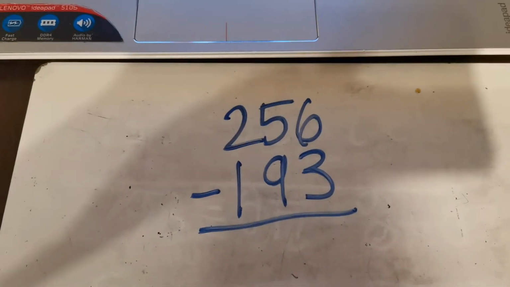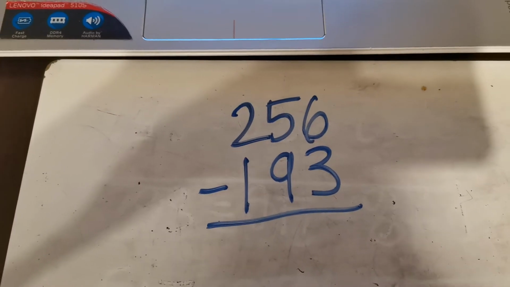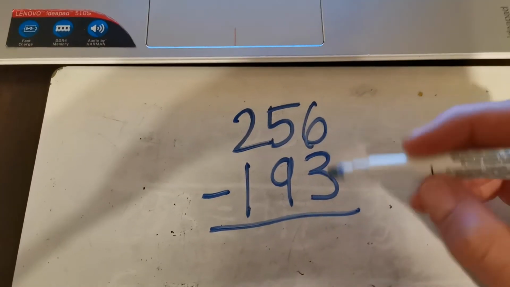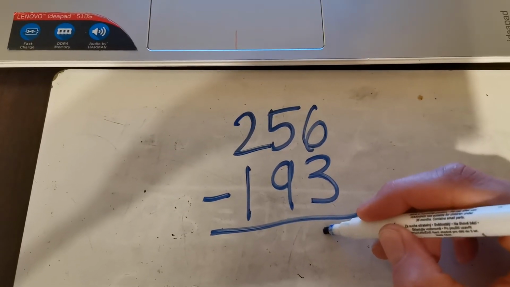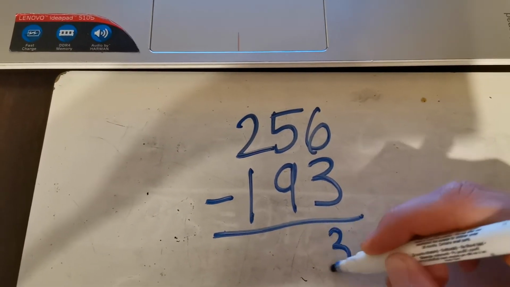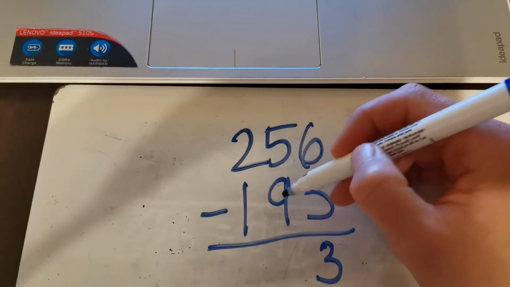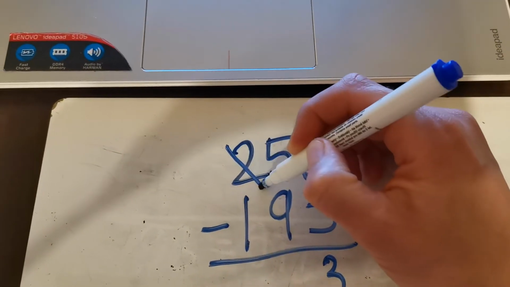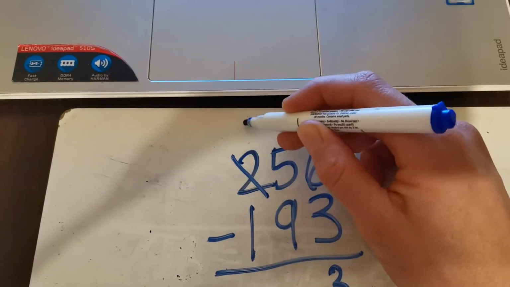Now, does this look familiar? It should. It's our column subtraction. 6 take away 3. 3. 5 take away 9. Uh-oh, we can't do that. Cross out the 2.